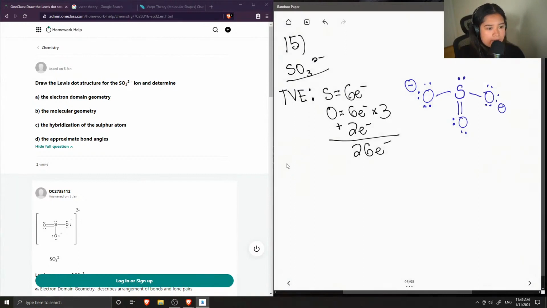So now let's analyze the Lewis structure so that we can answer the following questions. Our central atom, which is sulfur, has 1 lone pair, and it has 3 bonded atoms.